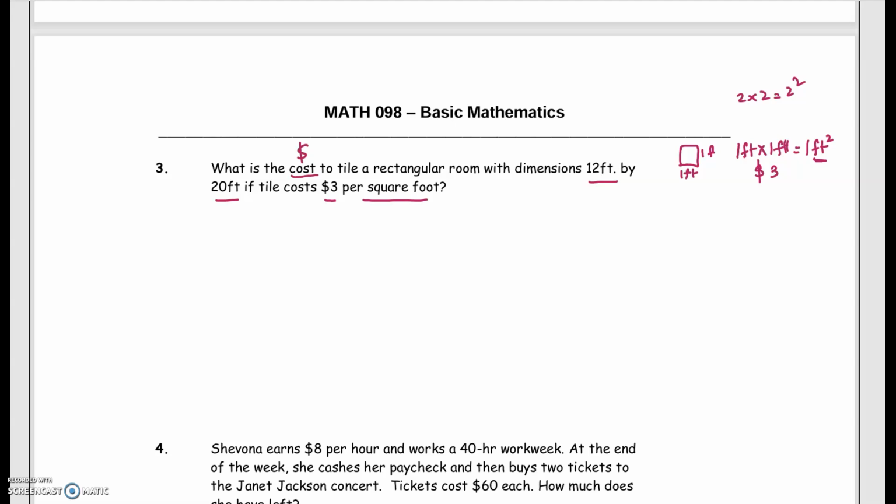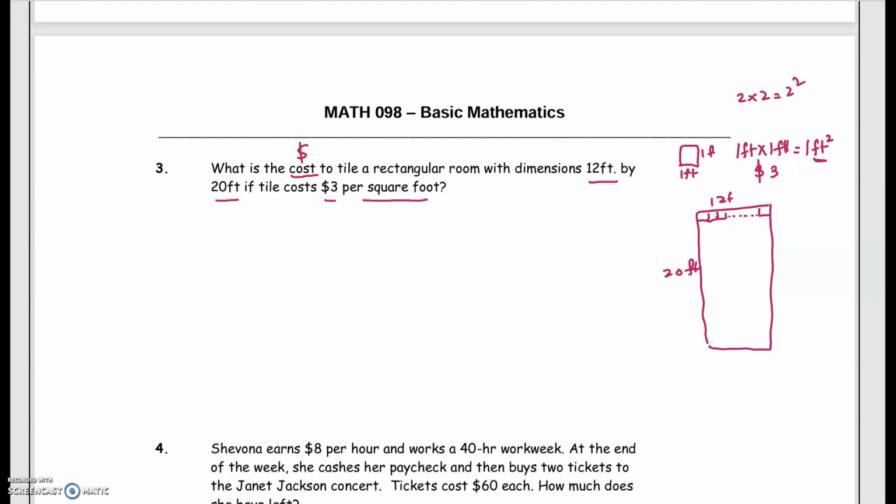Now first let's figure out how many such tiles we need. So let's see, the rectangular room has dimensions 12 feet by 20 feet. Okay, so it's like saying there are 12 tiles, and you can go dot dot dot, there are 12 tiles in each row, and there are 20 rows.